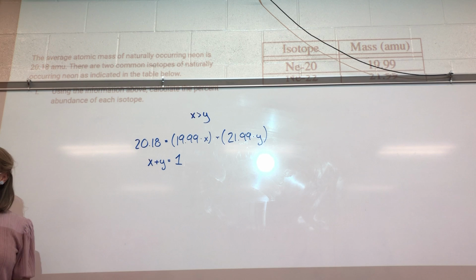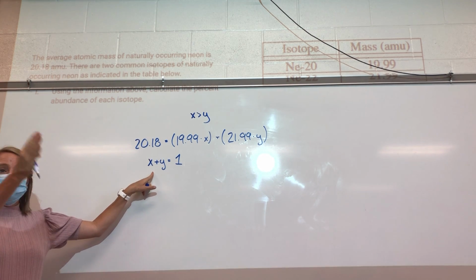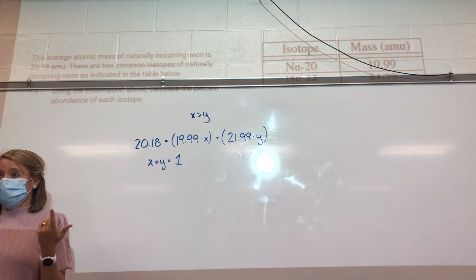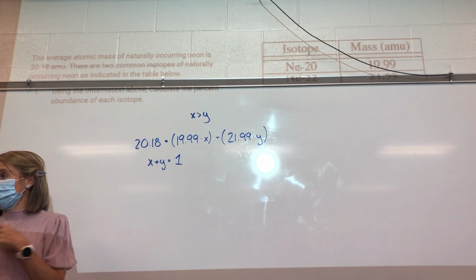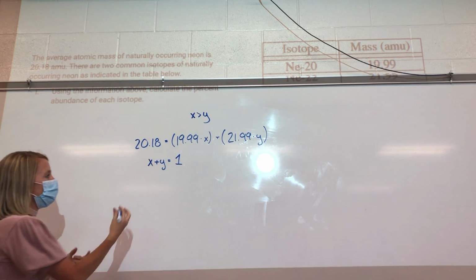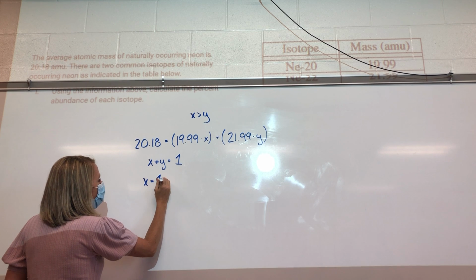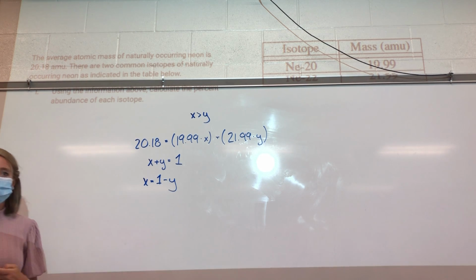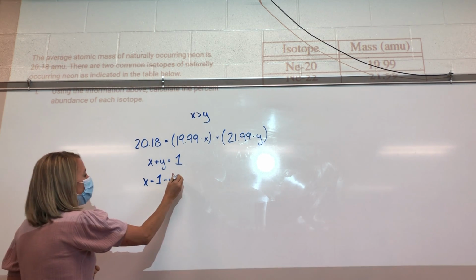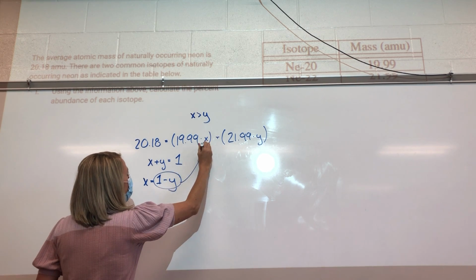Okay, so when you're solving problems and you get an equation, if you have more than one variable, you've got to start thinking, okay, what else can I do to get a second equation? Now we can use substitution, right? Going back to algebra. Okay, so I'm going to do x equals 1 minus y, and then put that in. And then take this, put it in there.